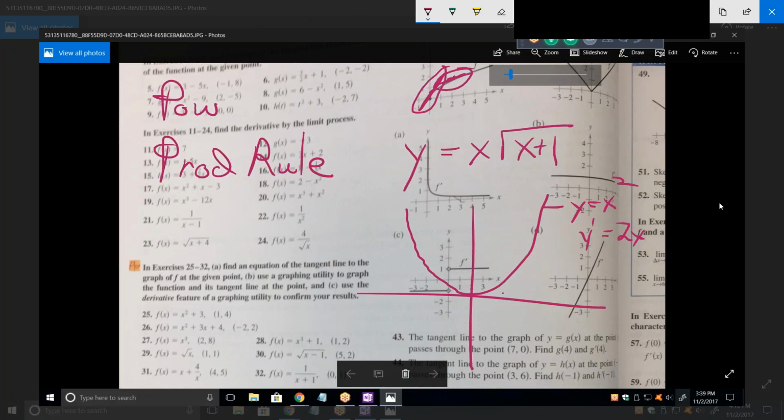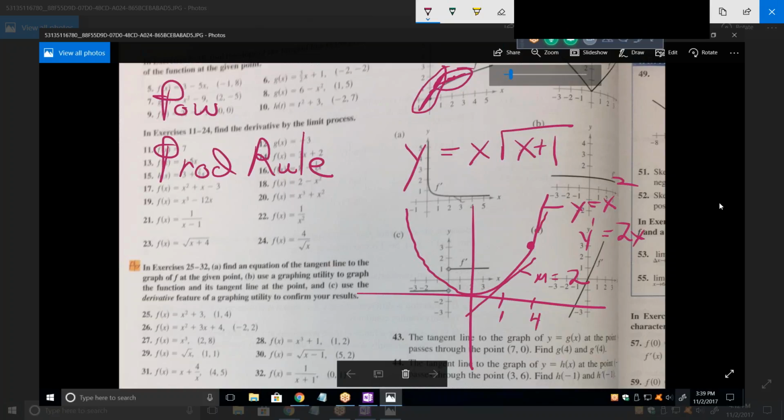Now, what's the slope when x equals 1? Plug it into the derivative function. When x equals 1, it'd be 2. The derivative is 2 times x. So that means the slope right there is 2. Now let's go up here where x equals 4.